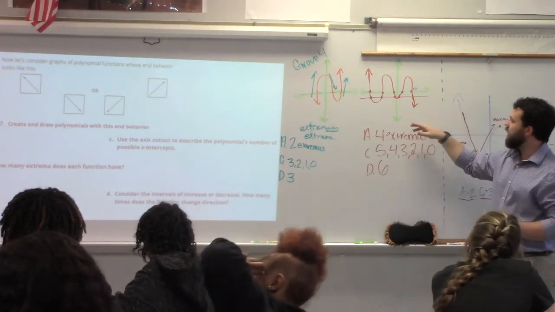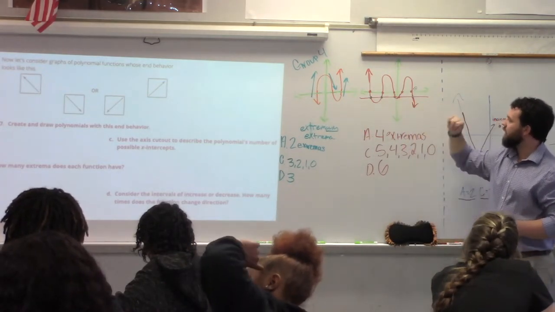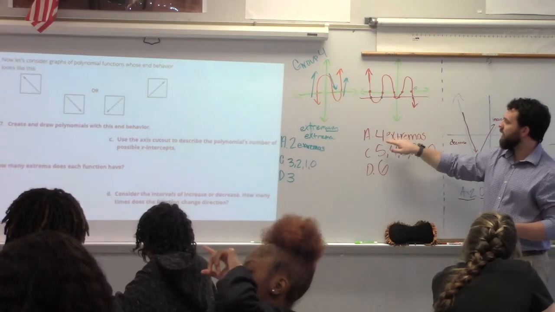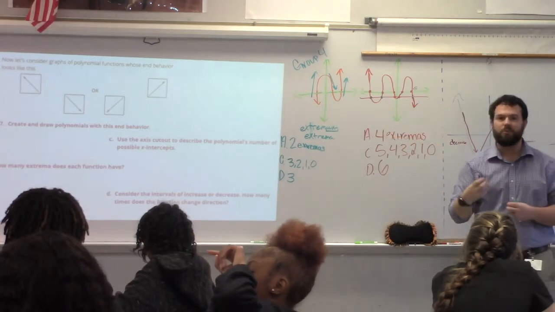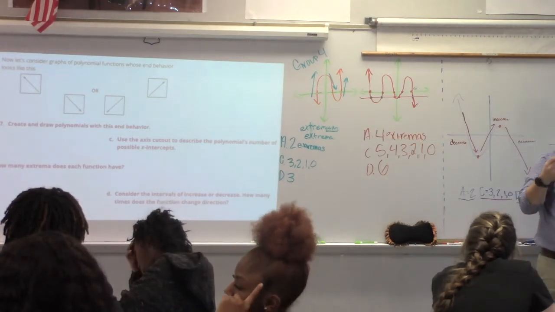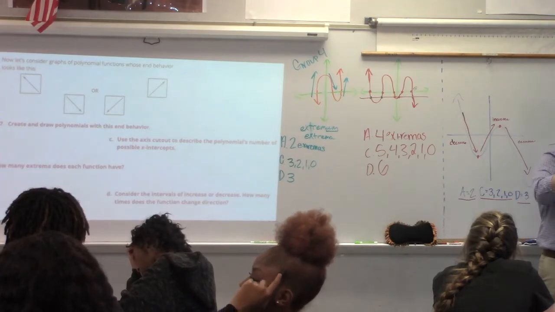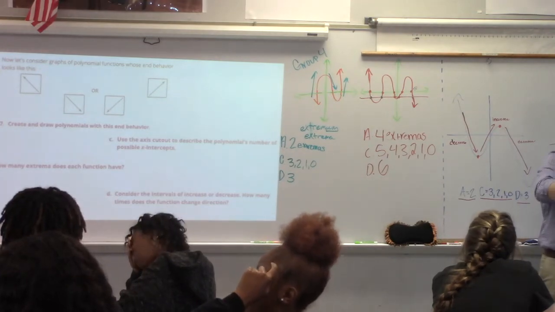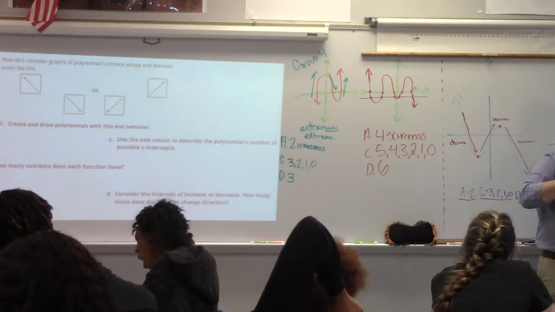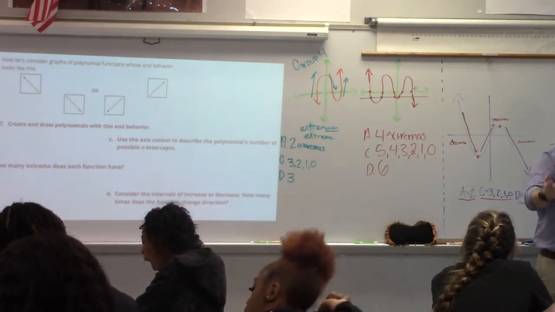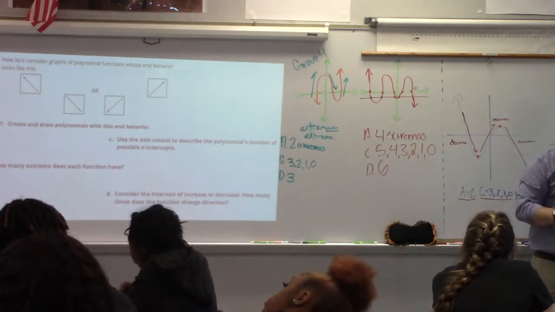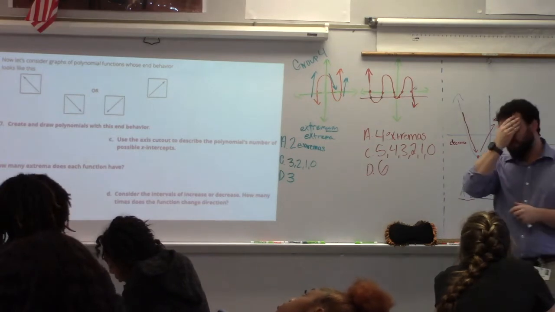Here I see 1, 2, 3, 4, 5 zeros, so 5th degree, and I see 4 extrema, right? So the maximum number of extrema is 1 less than the zeros, which matches the degree, not always. There you go. That's what I want us to notice.